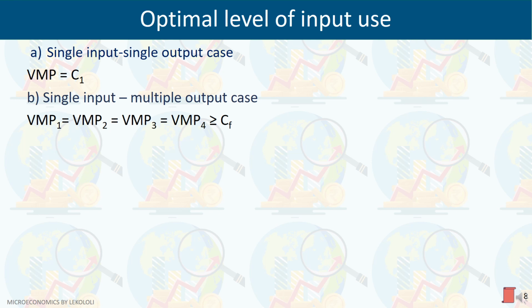The principle is known as the equimarginal principle in factor product relationship. In other words, you want to get the most value out of your fertilizer by spreading it across your crops in a way that maximizes your overall profit.